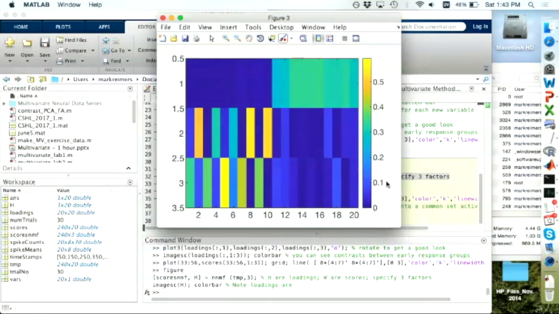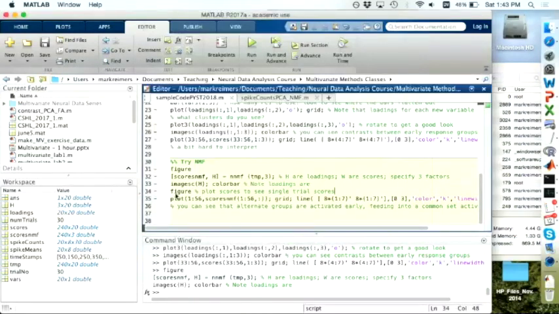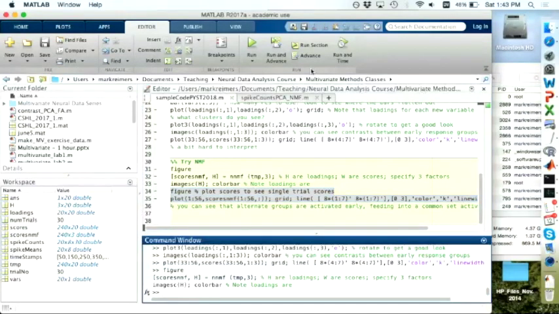Okay, nice, neat pattern. So these 2 groups and this group and this group are really responding quite differently. So let's take a look at what they might look like. So let's get just a subset of these.